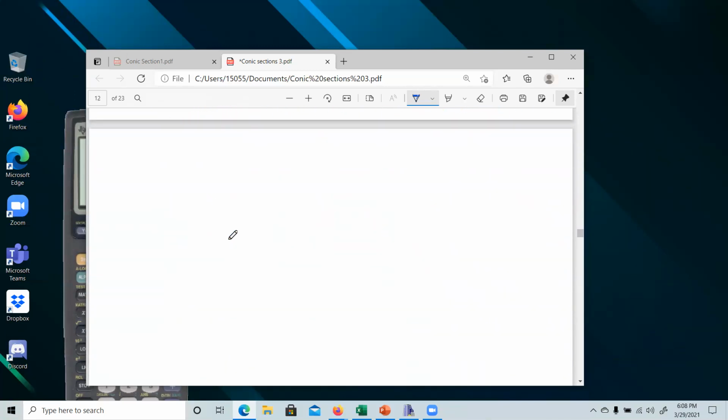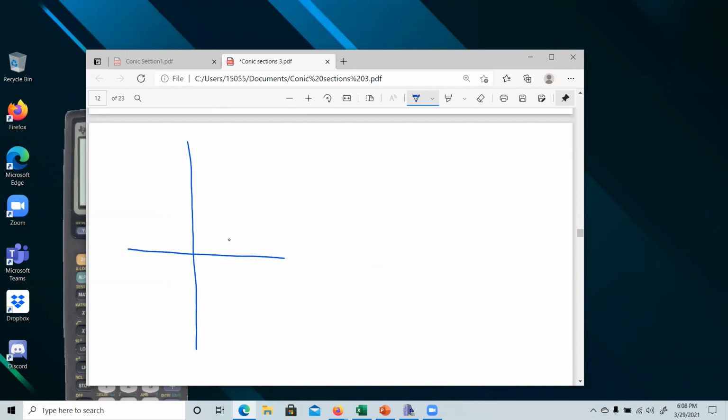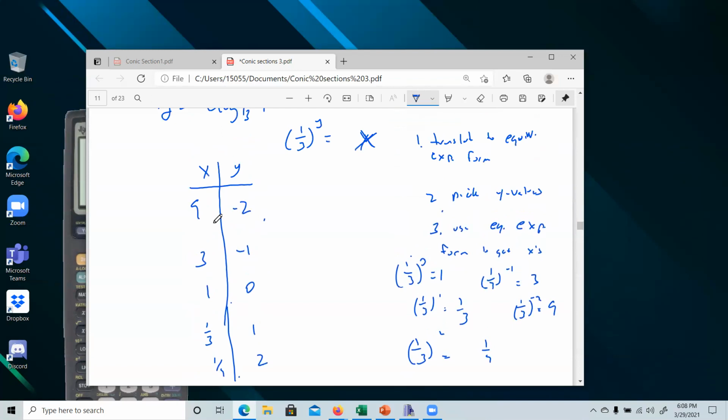So if I go ahead and draw my graph here, we do 1, 2, 3, 1, 2, 3, 1, 2, 3. Oops, that's 9, 6, and 3. Okay. All right, so when x was 1, y was 0.